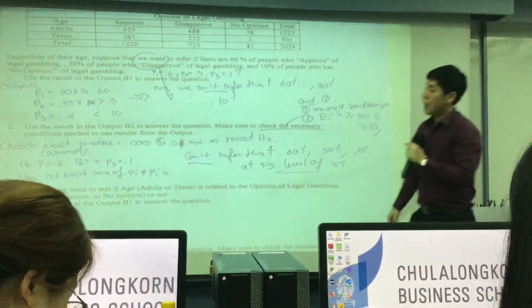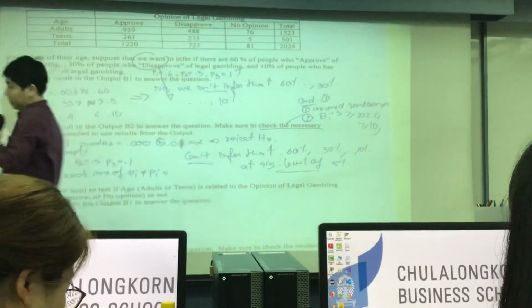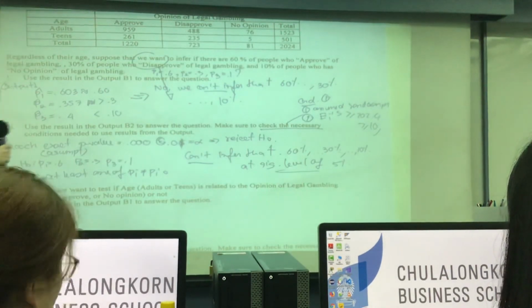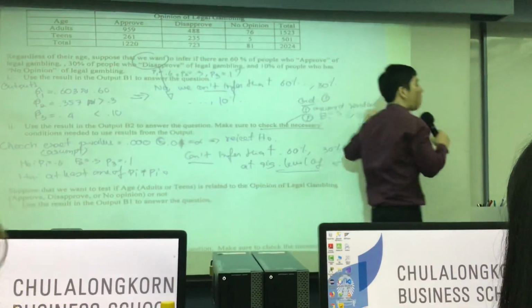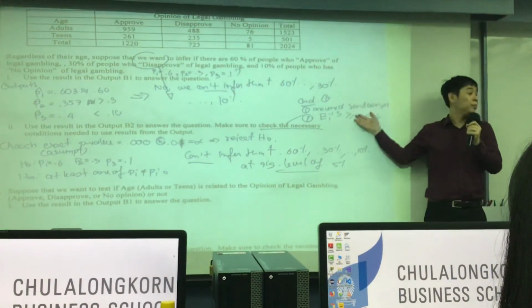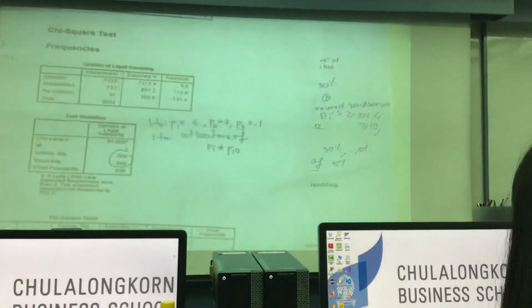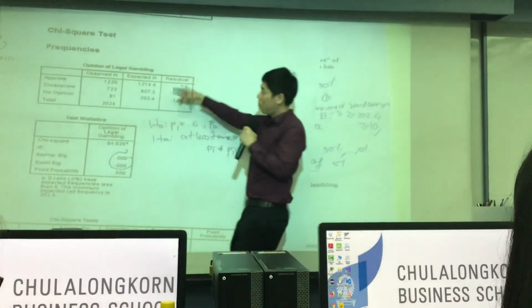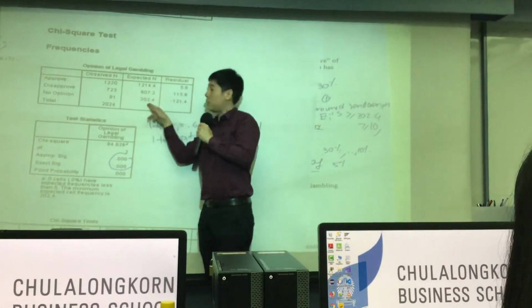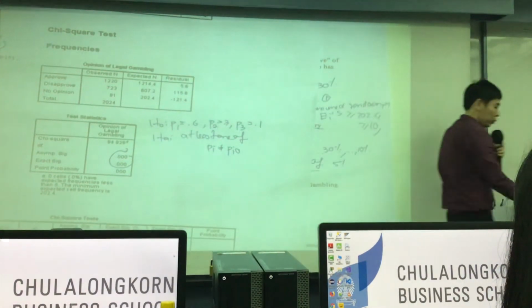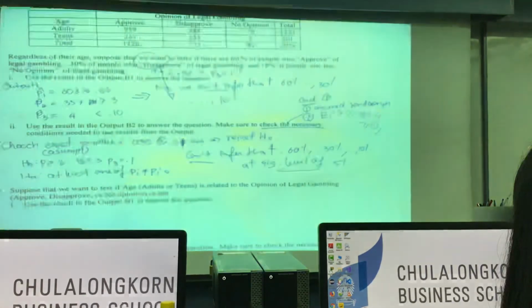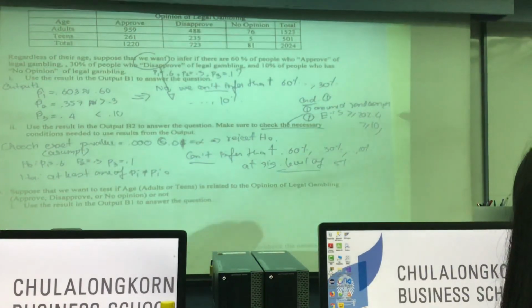The same old steps can also apply. You start with step 1, this is your hypothesis. Step 2 is to check the conditions. It doesn't say random, so I say assume. For expected count, I look at the table. The table has 3 values, the minimum one is this one. So all of them are at least 202, which is at least 5.